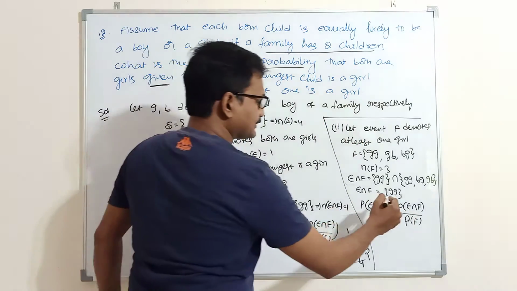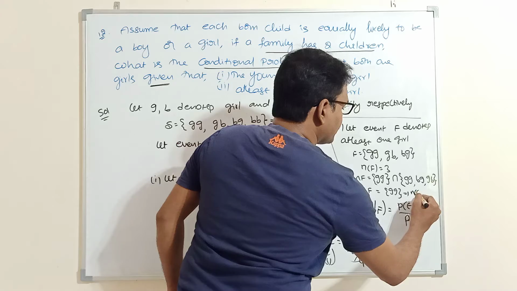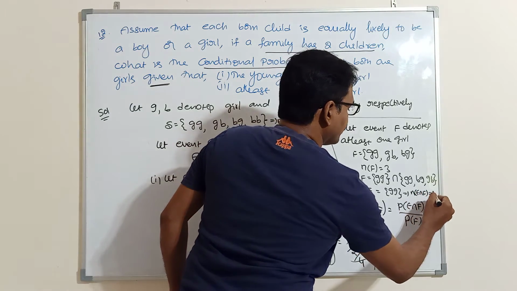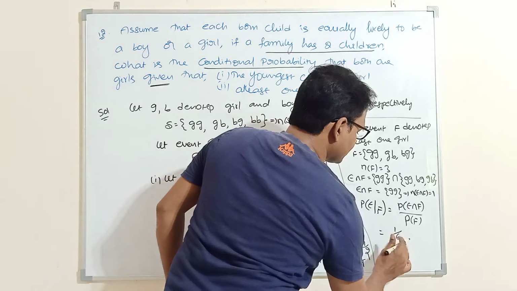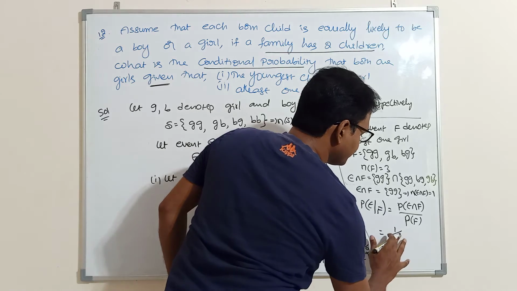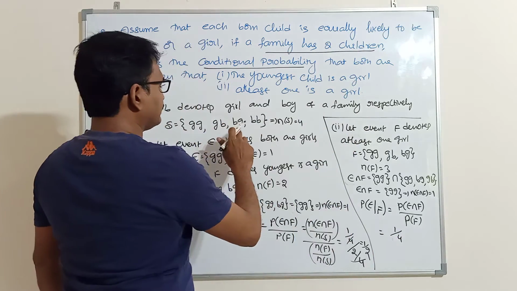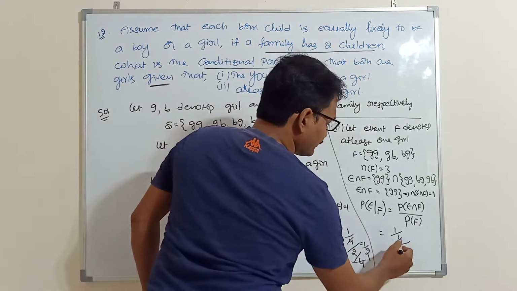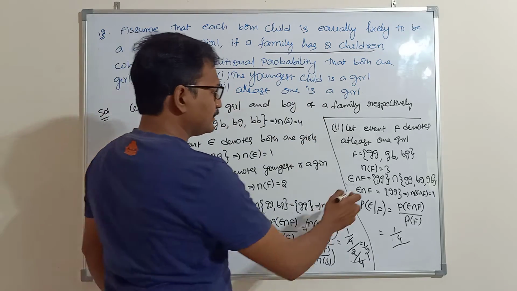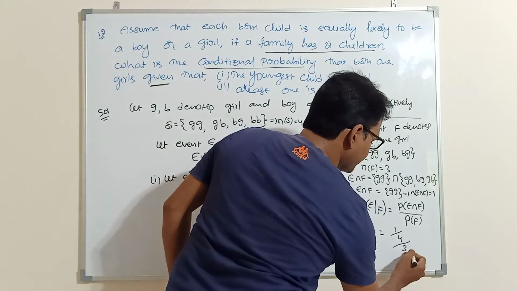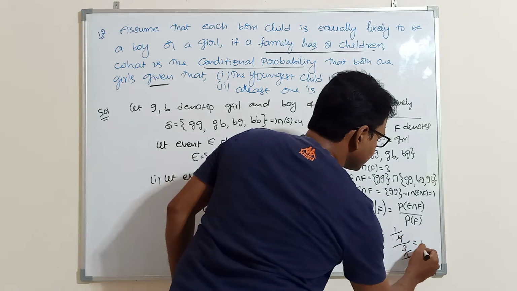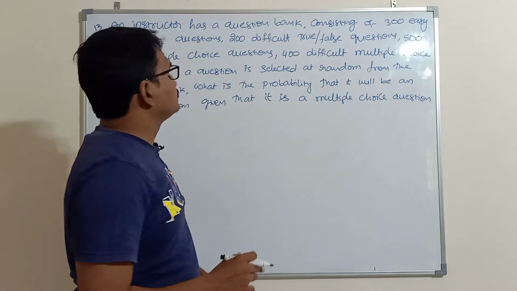N of E intersection F by N of S. How many sample points are there here? 1. So 1 by 4, where the sample points are 4, by P of F. The number of sample points is 3 by 4. The 4 gets cancelled. The answer is 1 by 3.